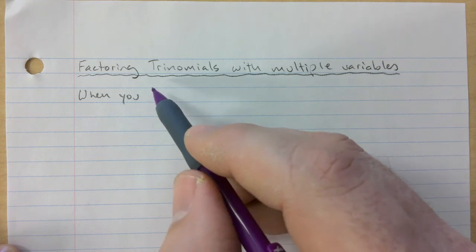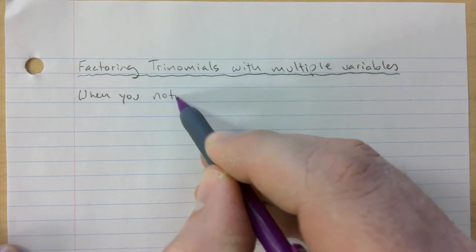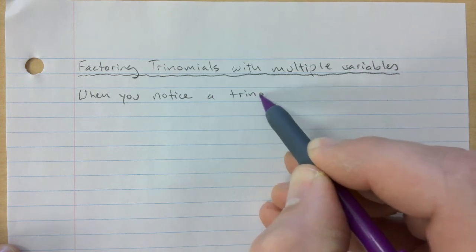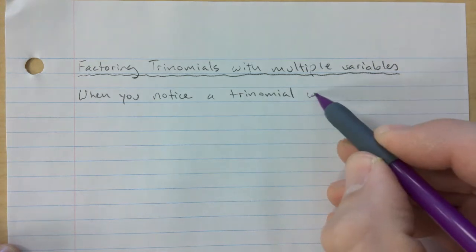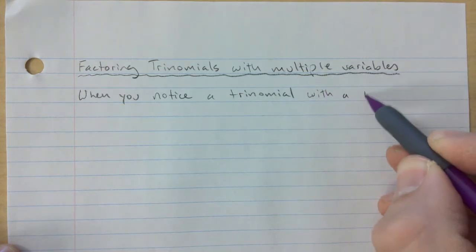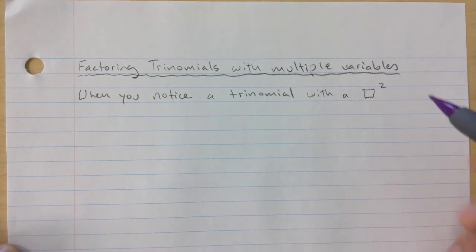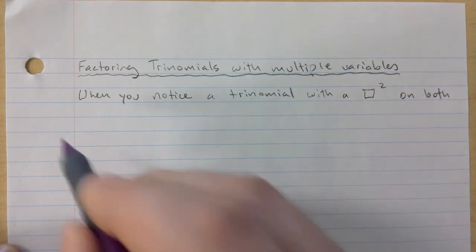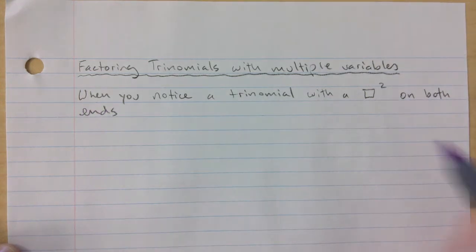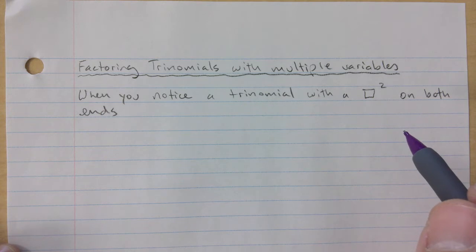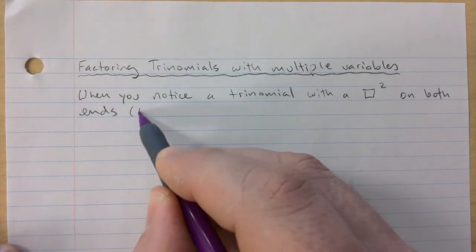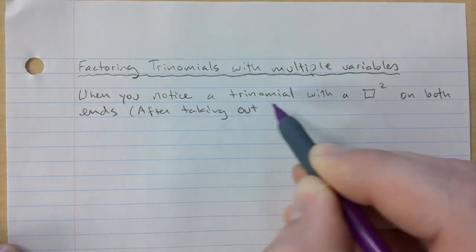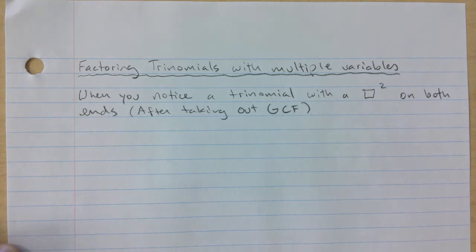When you notice a trinomial with a something squared on both ends, and that's after taking out the GCF, right?